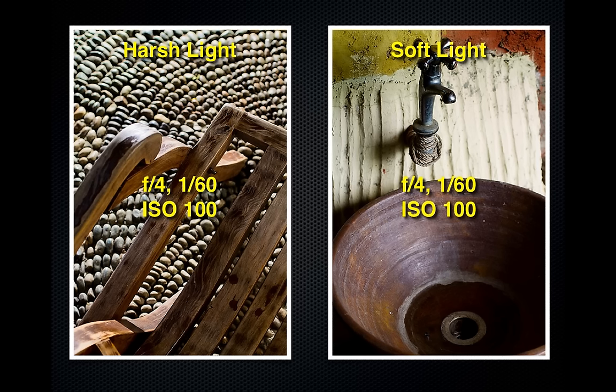It's just a bare bulb flash. If you look at the second shot, it's the same opening, the same shutter speed, the same ISO, and as you can see from the shadow that the faucet casts on the wall, the light is very soft. See, there the quality of the light can be different from the quantity.